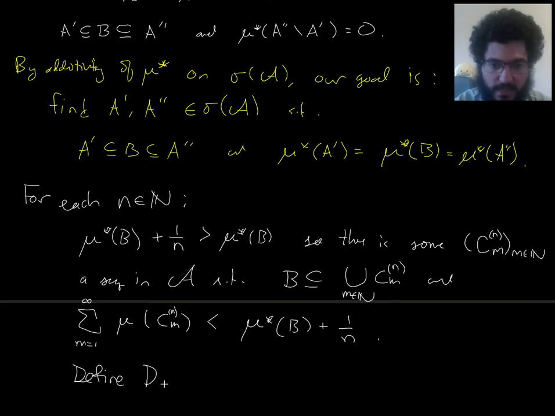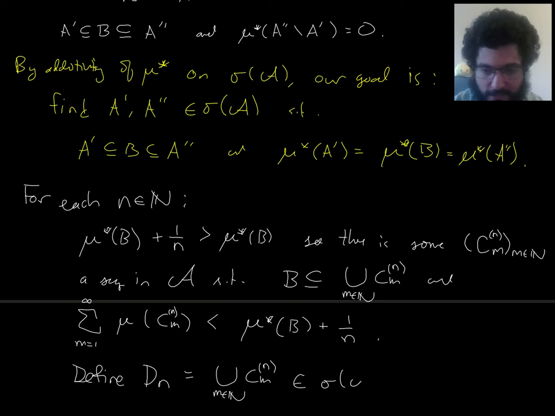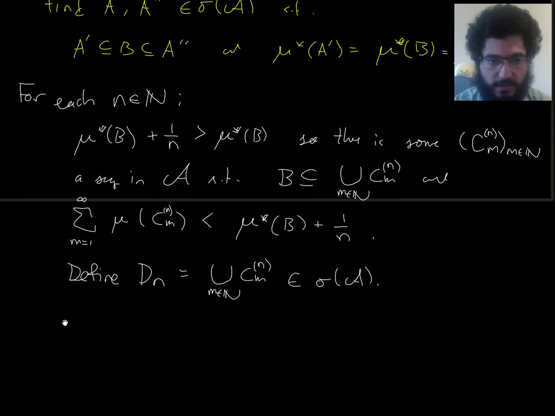So define D_n, this is still for each n, we have this family, C_n, and define D_n to be the union, to be this basically. Let me just copy that. Then notice that D_n would be in the sigma algebra generated by A, right? Because it's a countable union of things in A. And also, let's just record our observation that I talked through just now for later use. Mu star of D_n, that's going to be mu star, the outer measure of this union, right?